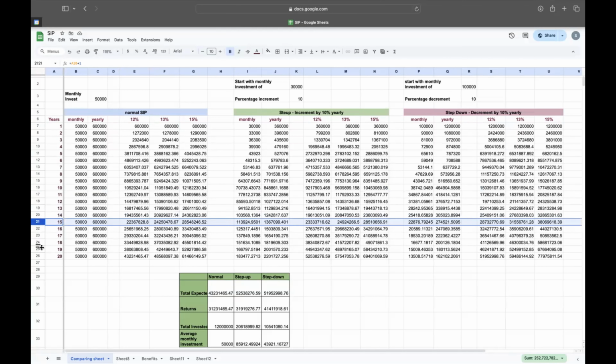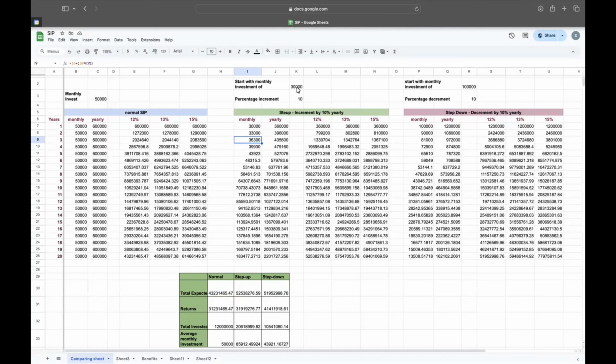For the next crore, that is 3 crore, it takes only 2.5 to 3 years. And for the next crore, which is around 4 crore in total, it takes another 2 years. So by the end of 20 years, I can expect 4.3 crore with a 12% return. Similarly, with 13%, I can expect around 4.8 crore, and with 15%, I'll get 6.1 crore.